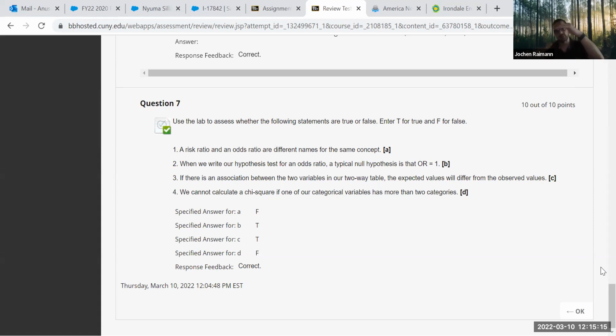If it exceeds a certain value, you're rejecting this null hypothesis, and this is calculated with the chi-squared value. This chi-squared value incorporates the differences between observed and expected, sums them up and divides them by the expected values, according to the formula that was presented to you in the lecture.